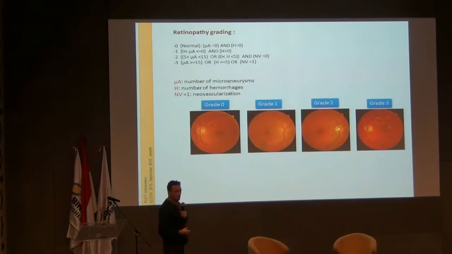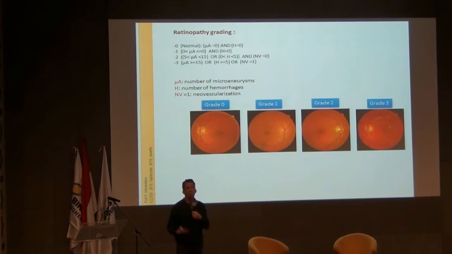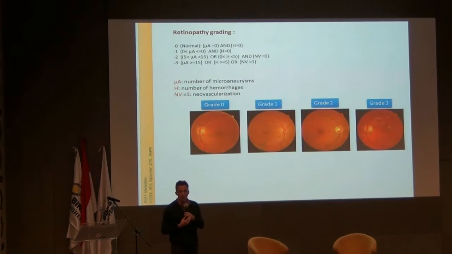This is the grading system that the ophthalmologists are using, and this is what machine learning is using. Before deep learning, what we used to do was lesion-based. I put in an image, I'm targeting microaneurysms. I put in an image, I'm targeting hemorrhages. I put in an image, I'm targeting exudates. I put in an image, I'm targeting other lesions. You will see that now, you put in an image and you are targeting a score, a grade. Deep learning extracts all the information for you.